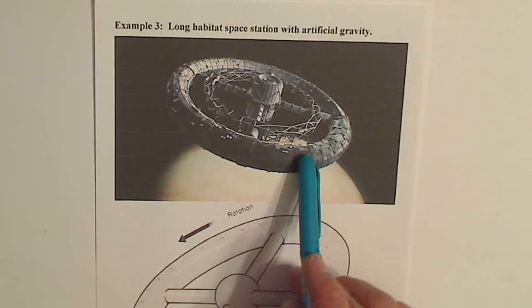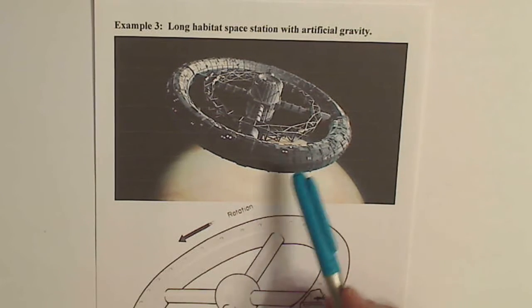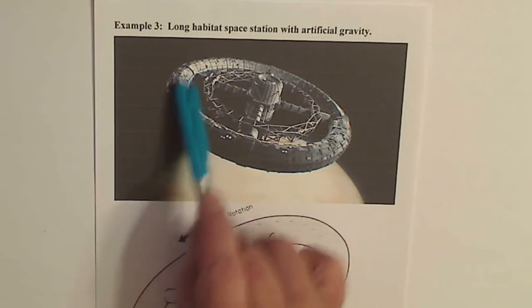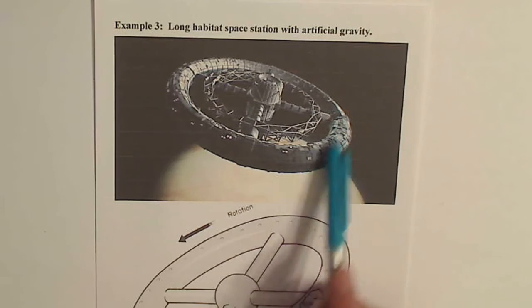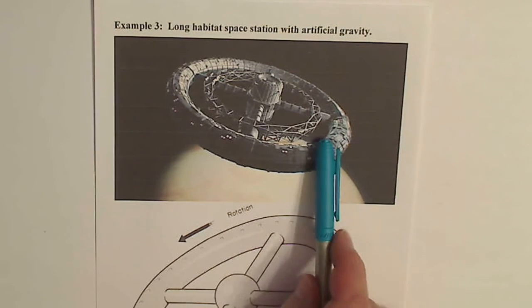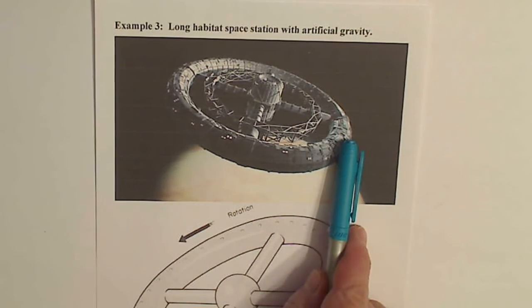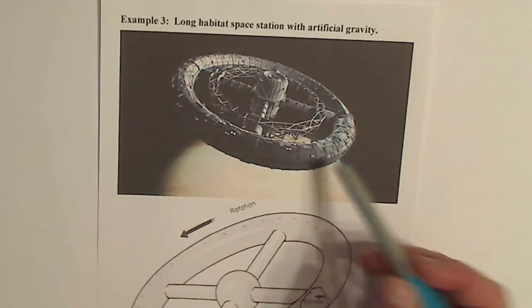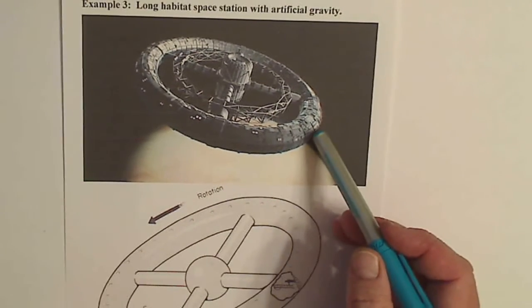Once it gets up in orbit, you get this thing starting to spin. You get it spinning just strong enough, and of course everything wants to collect to the outside ring, which kind of creates an artificial gravity. It's not real gravity, but it simulates gravity.